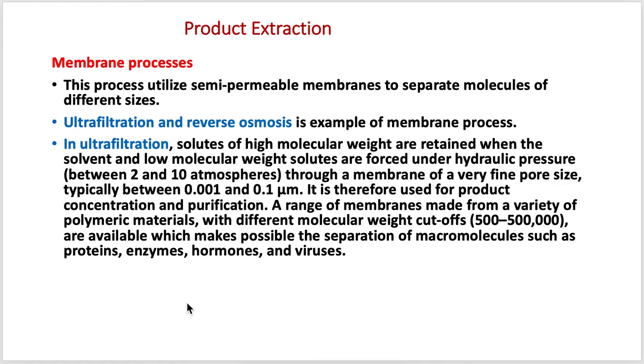They let products smaller than the pore size go through, and capture products larger than the pore size. So in the membrane process, molecules are separated based on their sizes.